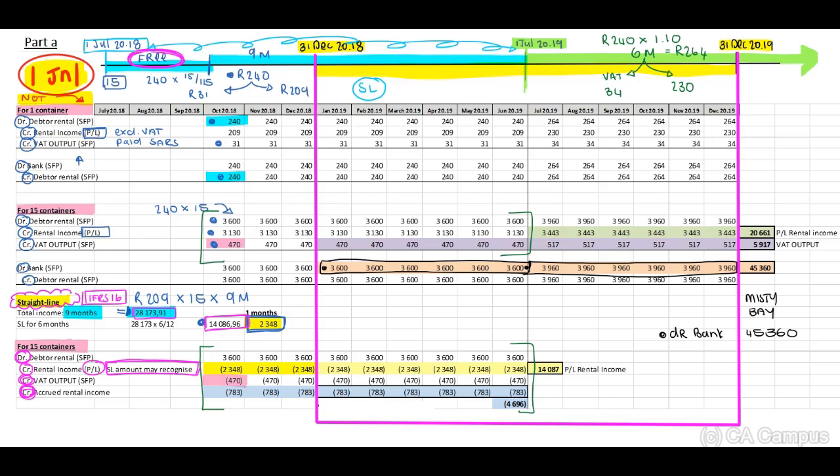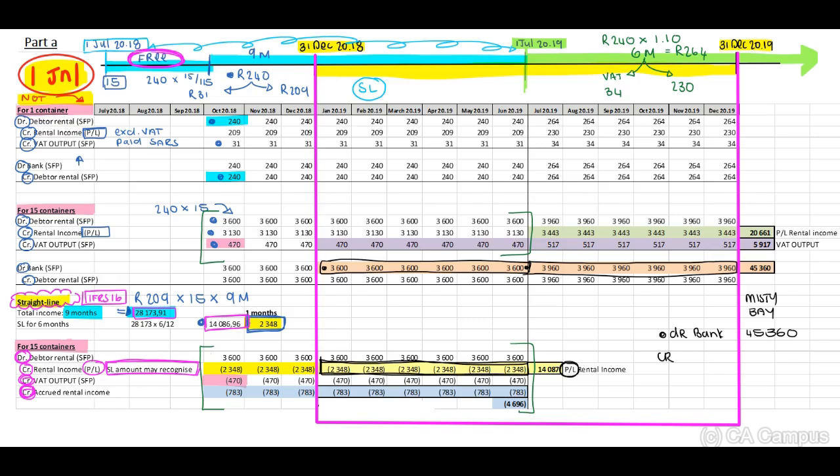Right. In terms of our profit and loss, remember, the straight lining. Remember, we had to straight line. Therefore, when you look at the journal at the bottom, the 2348, the light yellow section, this will be recognized as rental income.